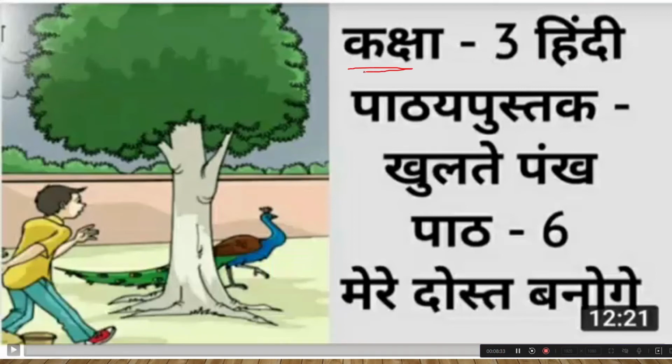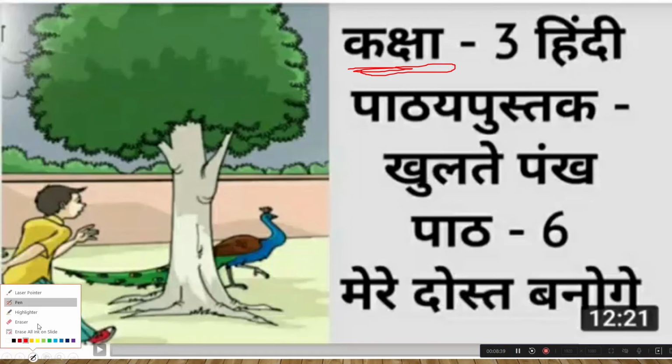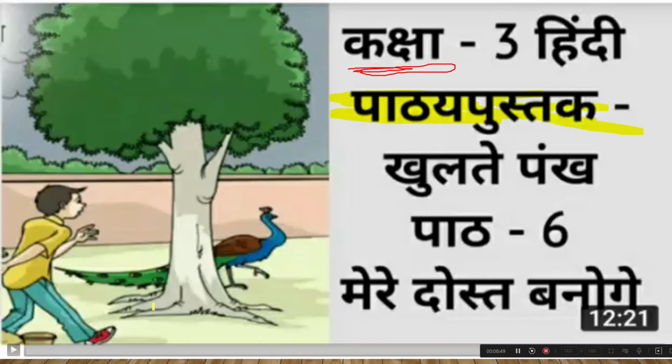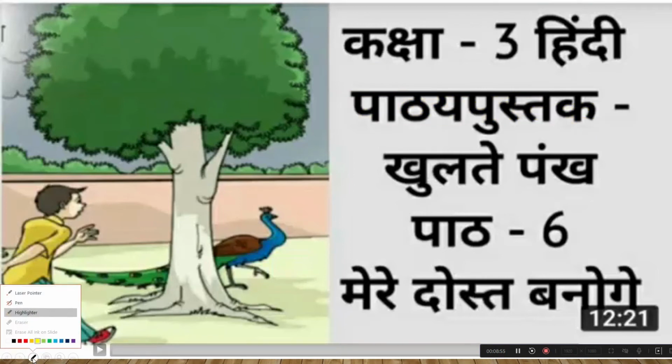By this you can mark anything in the PPT or presentation. And then here is the highlighter. By this you can highlight some word or anything in the PPT. But all these options are available in the presentation view only.